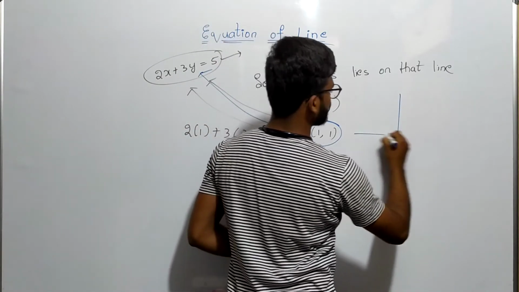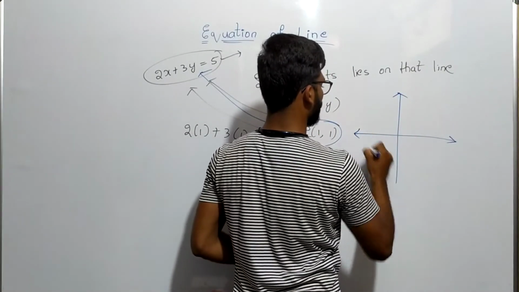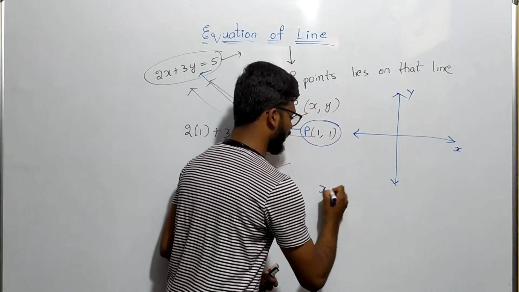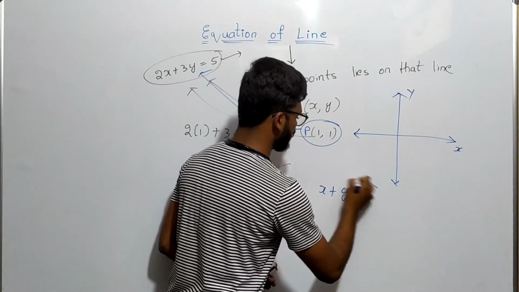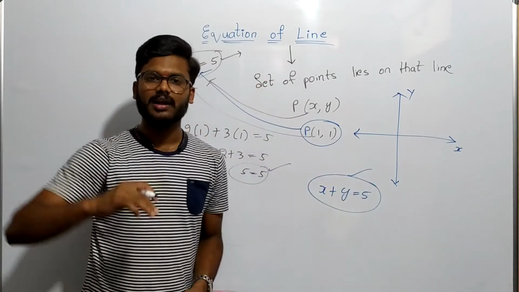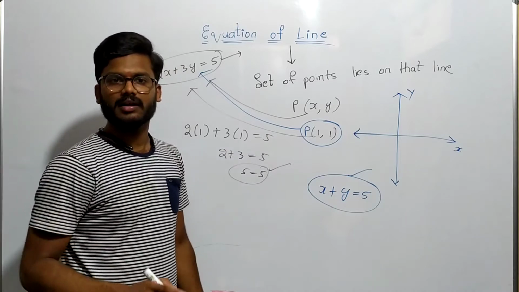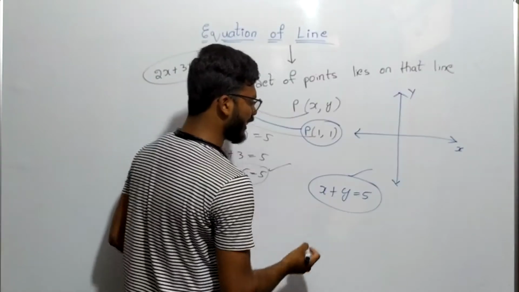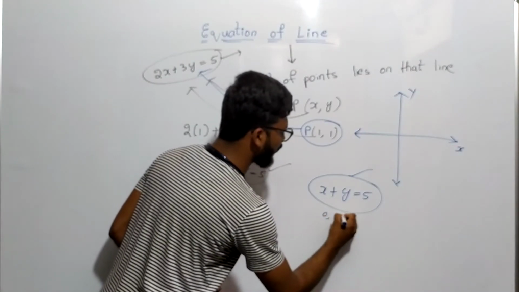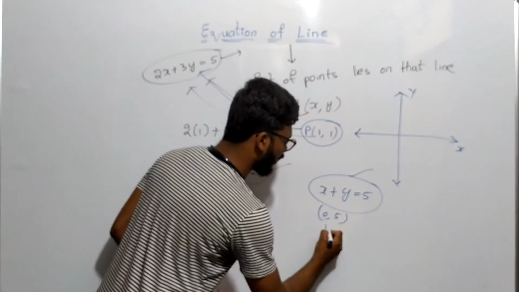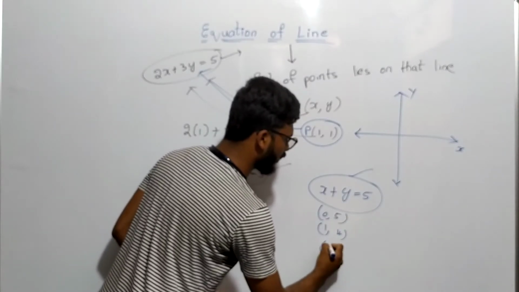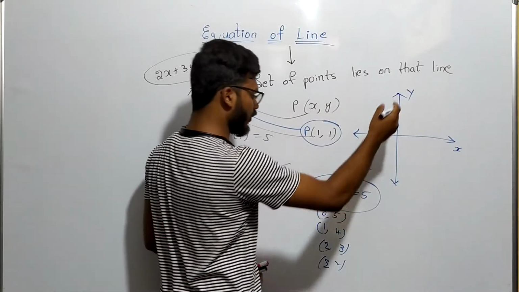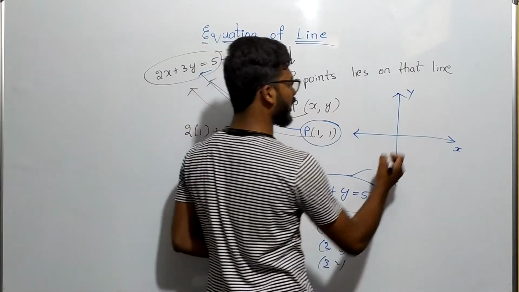Suppose x-axis and y-axis. Now this is one line. What is it? x plus y is equal to 5. Suppose this is a linear equation, right? A linear equation represents a line, and that line represents all the points which lie on that line. So can I take some points? 0 comma 5 satisfies this, right? And 1 comma 4 satisfies this. 2 comma 3 satisfies, 3 comma 2, like that. So many points you will get. If you draw it on a graph, we will see how it comes.